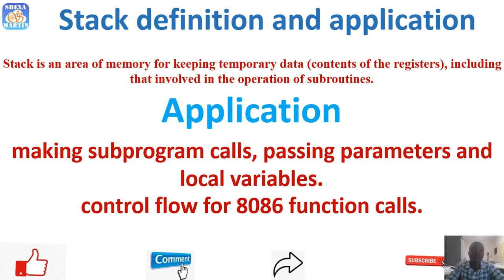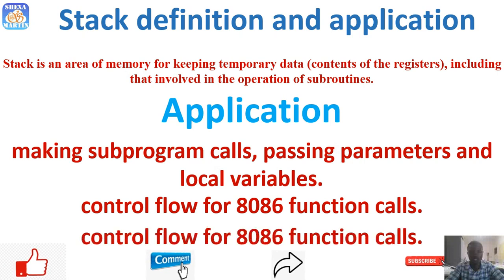Yes, I think that's the most recent one. When we talked about procedures, when you call a procedure, what happens? We've seen the stack being involved. So the stack is accessed using the stack pointer and stack segment registers.